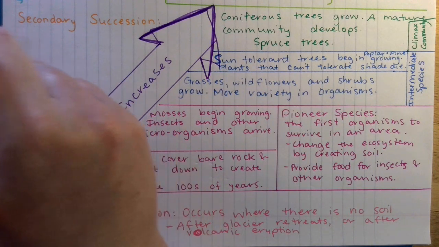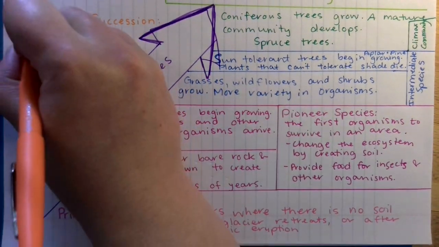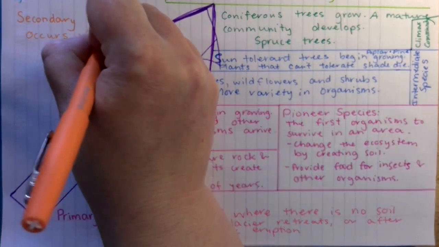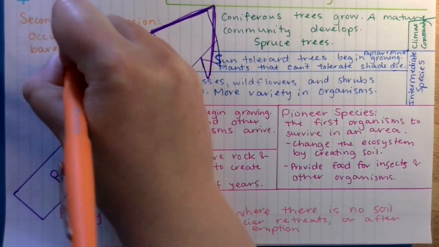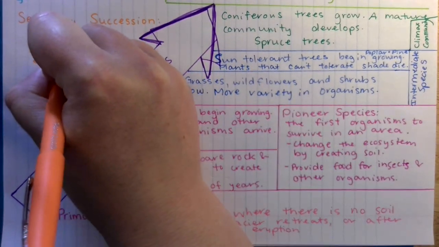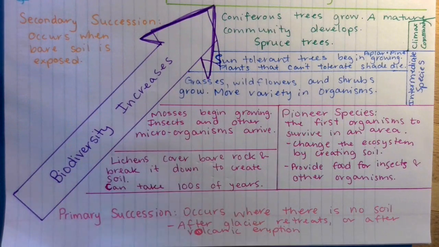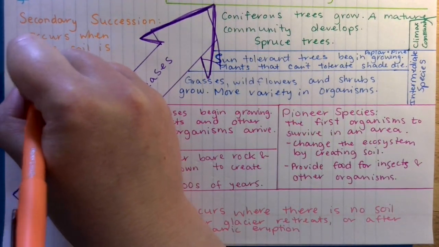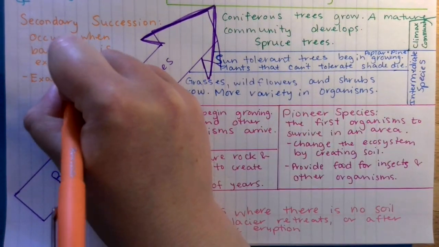Secondary succession, however, occurs when bare soil is exposed. So our big one here, naturally occurring for Alberta, is a forest fire.